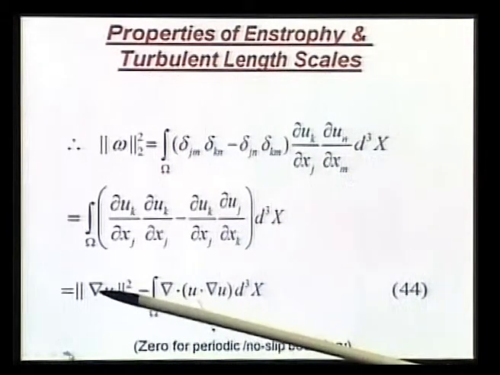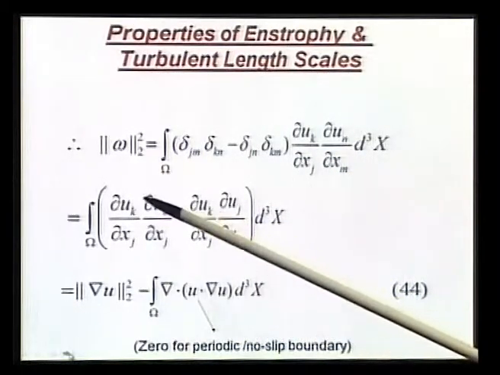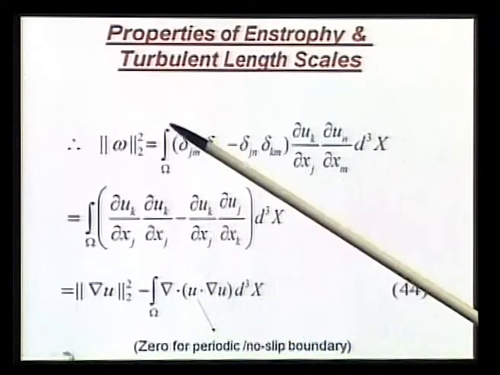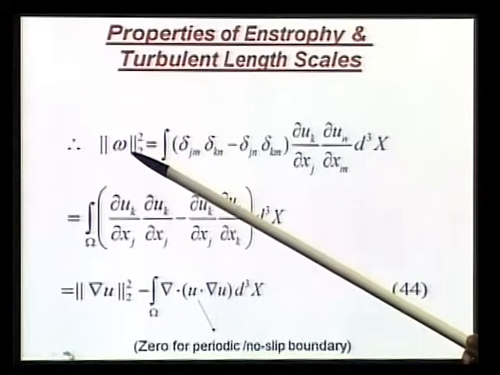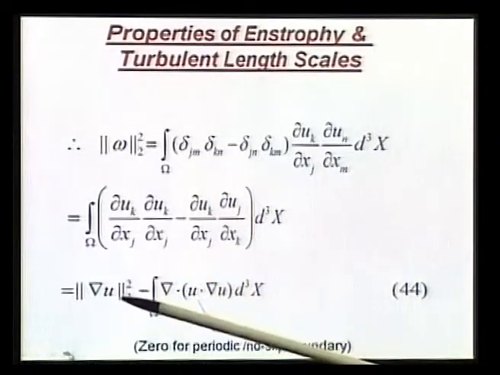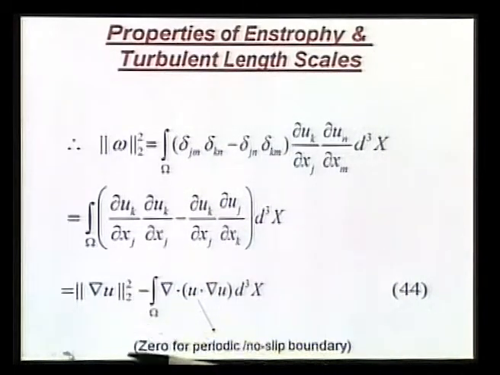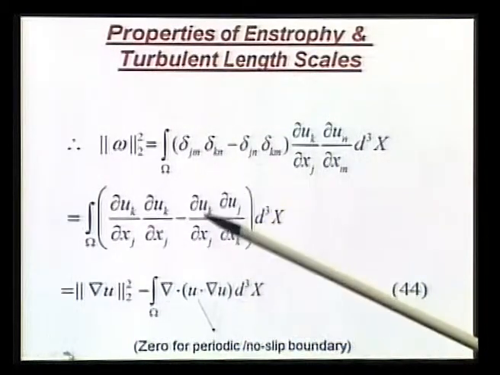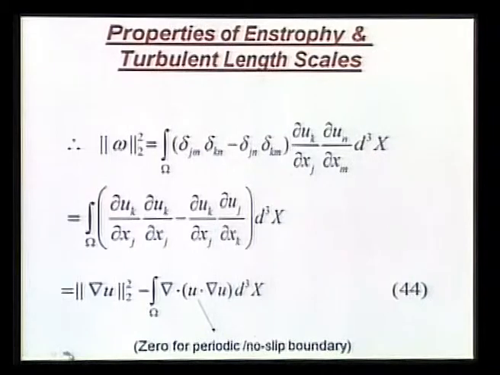So, this is basically two sets of terms. This is nothing but the gradient of u squared. So, what you find is that enstrophy is related to the gradient of the velocity field, that norm. The term that comes from the second set is going to be 0 if you are talking about a periodic problem, or if a no-slip boundary condition is incorporated, which will make that second term equal to 0.